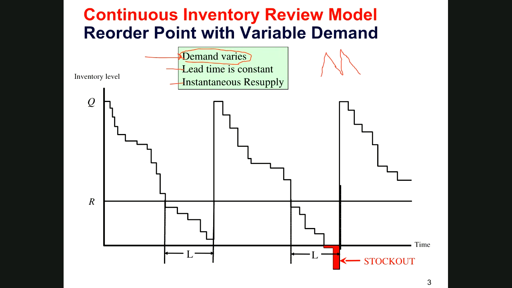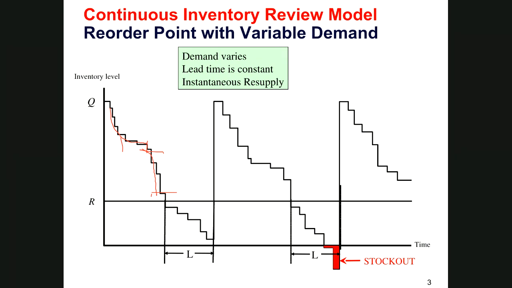Well, in this situation, the demand is variable, and that's shown by these steps. You can see, for example, here that demand in this period of time is very small, whereas in this period, from here to here, there's a great deal of demand. So it's definitely not constant.